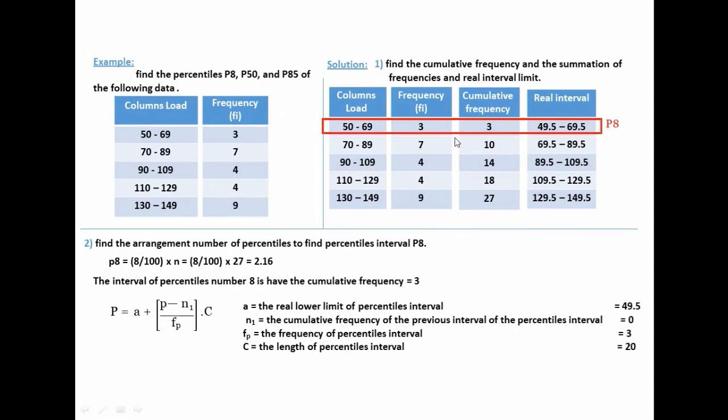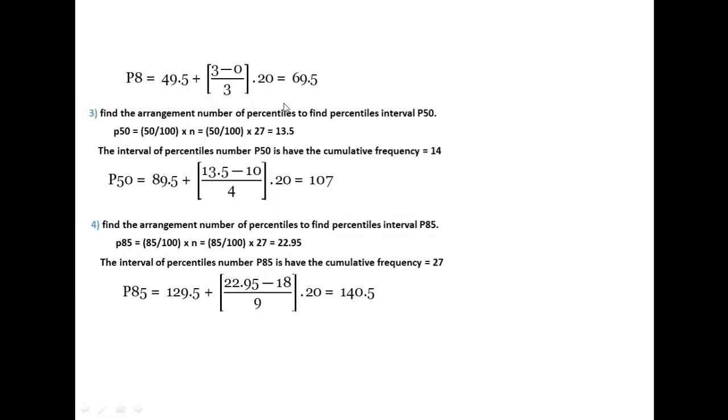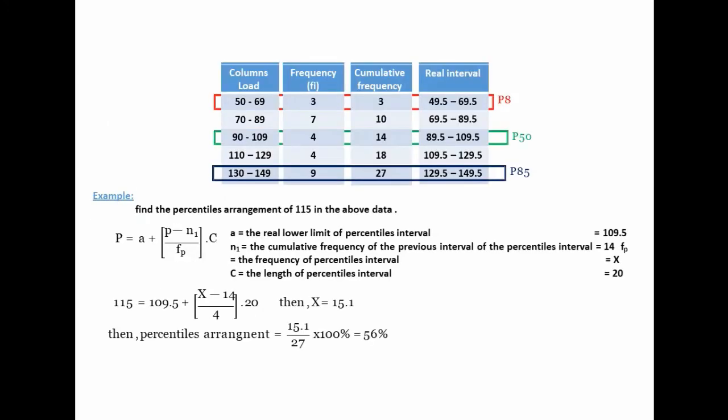The cumulative frequency is 0, the actual frequency is 3, and the class interval is 20. So P8 is 69.5. Similarly we can find P50 and P85. You see that P8 lies in the first class, P50 lies in the third class, and P85 lies in the last class.